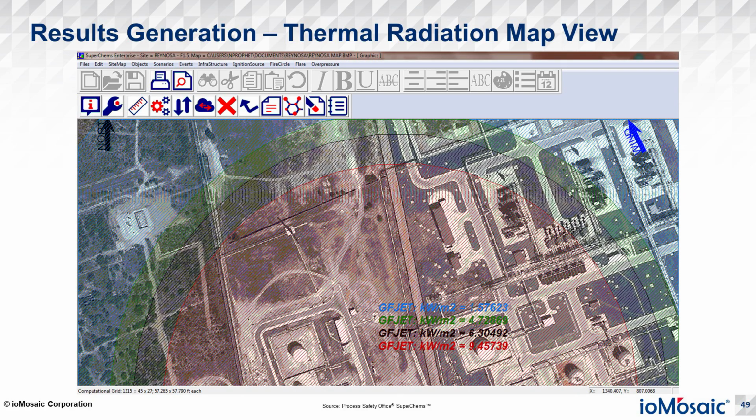So in this case, we're looking at the thermal effects, and it's rotated through 360 degrees. And we have our 4 different values that we've specified that correspond to the different values recommended by API 521.